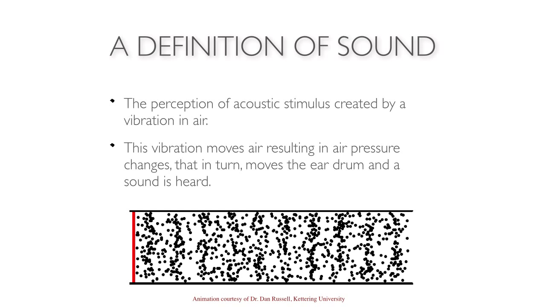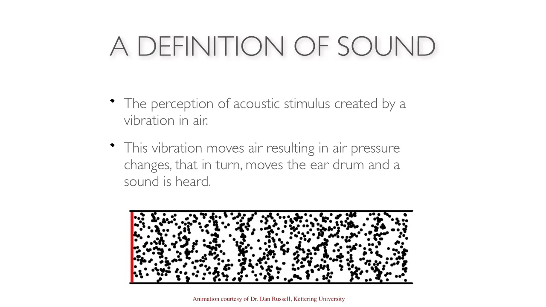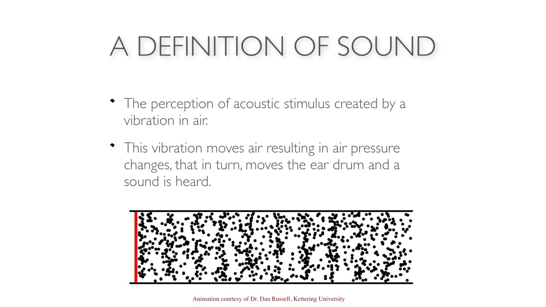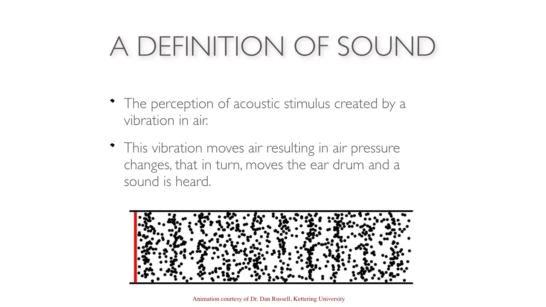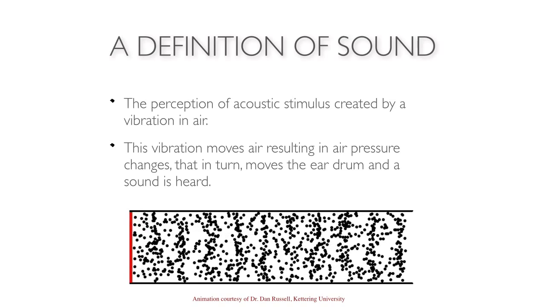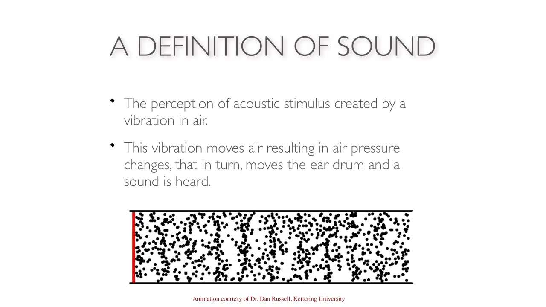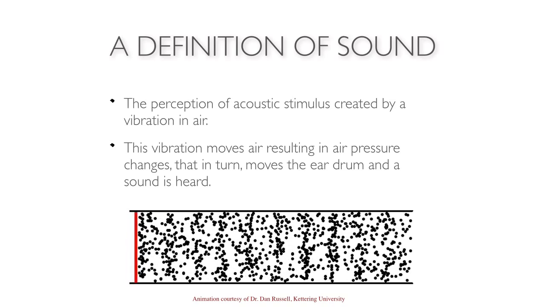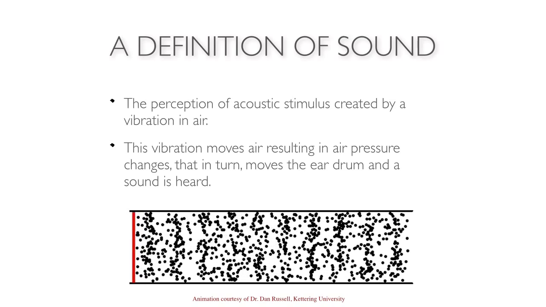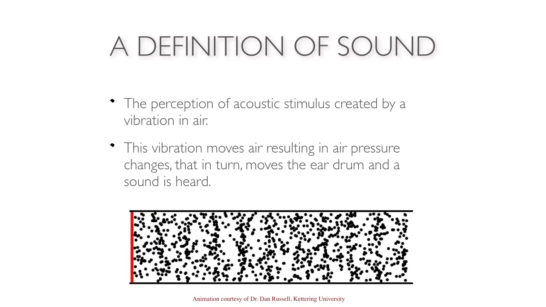So at the bottom here, we have a little illustration, and as you can see, what's happening here is the red bar is moving, and that represents something vibrating. And those black dots represent air molecules. As the red bar moves against the air molecules, they compress together, making a high pressure zone. And as it pulls away from those dots, it makes the dots go further apart, representing a low pressure zone in the waveform.